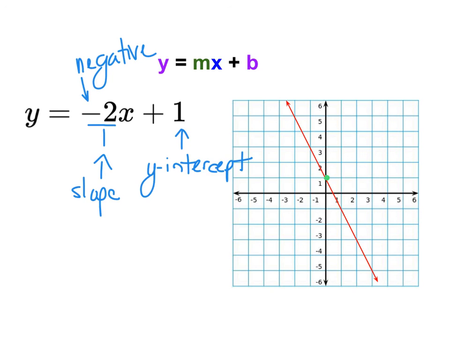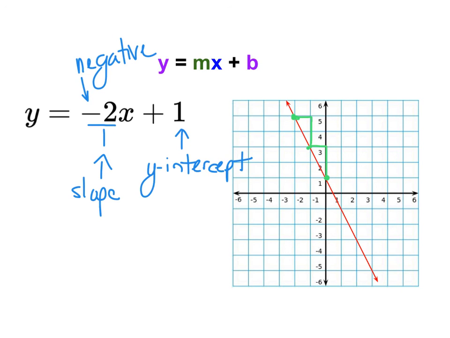So I'm going to rise from my y-intercept, up 1, 2, and run 1. Let's put a dot there. I'll do it again. I'll rise 1, 2, and run 1. Notice how the points that I just drew all end up on my line.